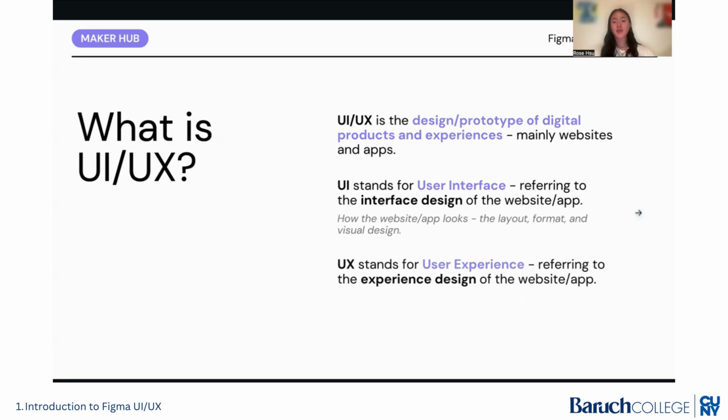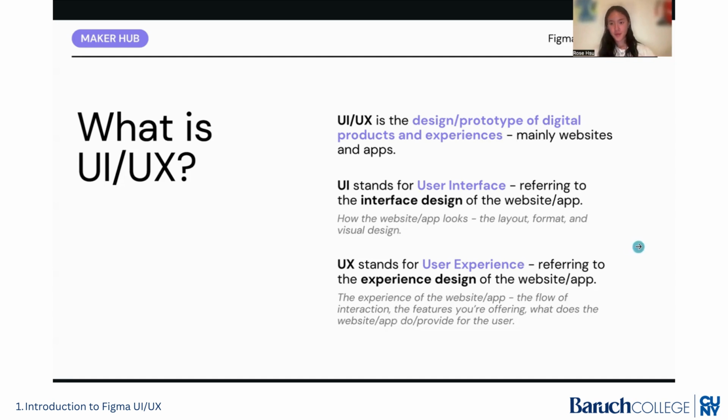UX stands for user experience, which refers to the experience of an app or website. So what this could look like could be what is the service that your app is providing, and even what are the interactions, what buttons does the user have to press to get to where they want to go or to receive the service that your app is providing.